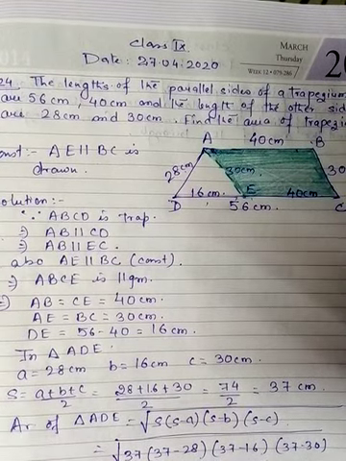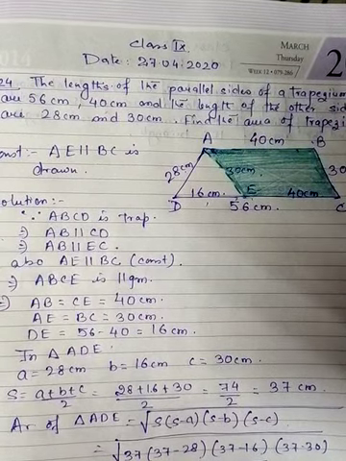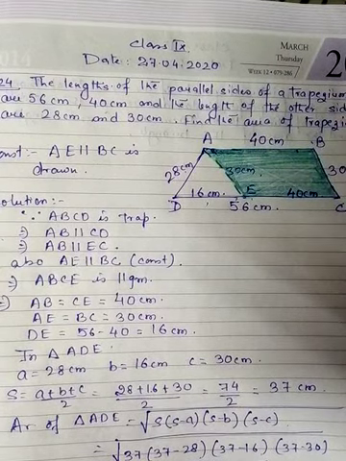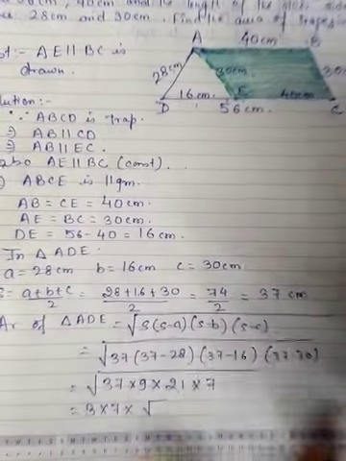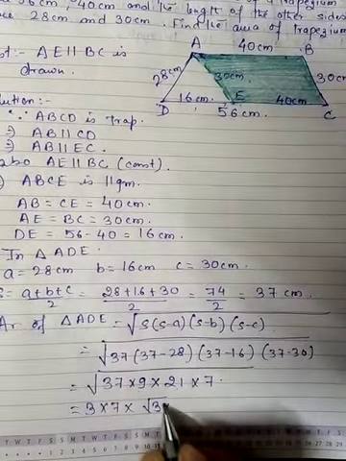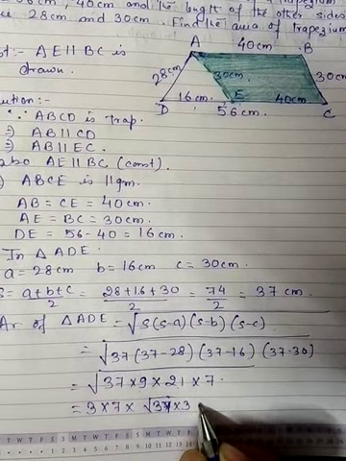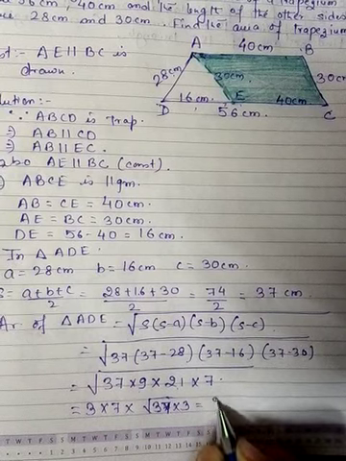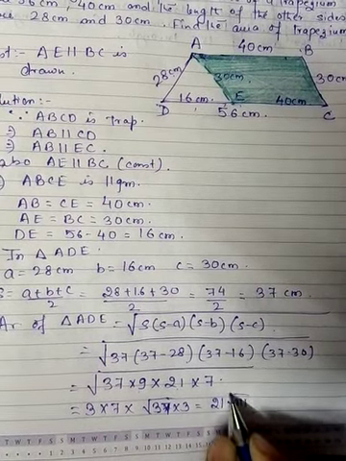So taking out the common, from 9 we will get 3 common, from 21 we will get 7 common, and what is left? 37 into 3. This will be equal to 21 root 111.